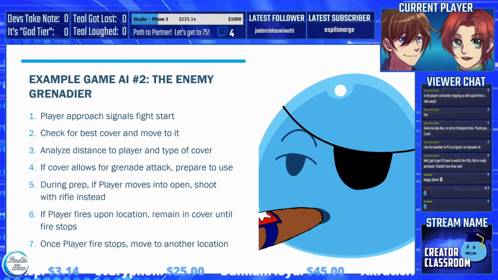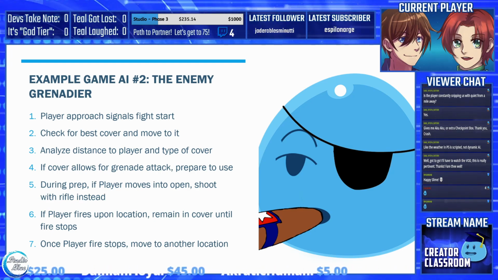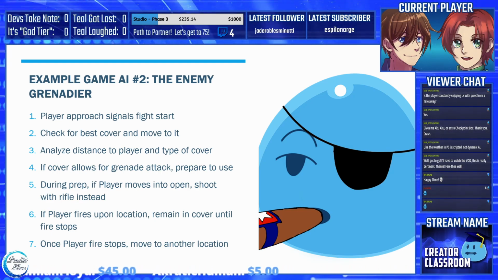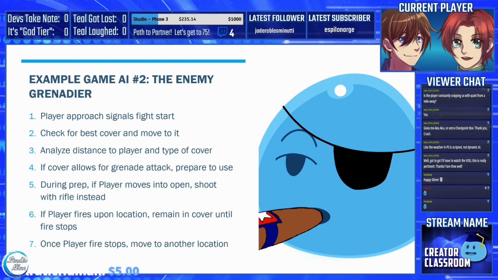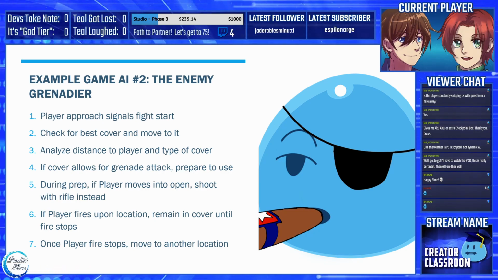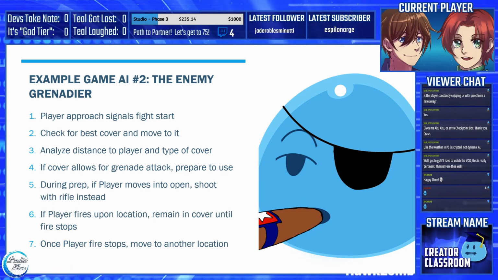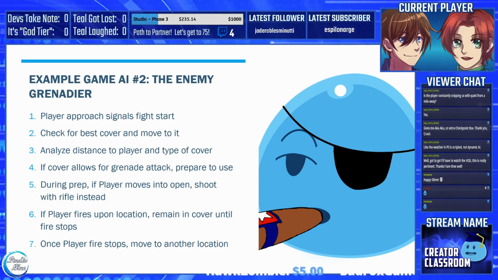The shooting will stop eventually, and once it stops, move to another location. This is rote enough that if the player was really good and had 5 shots on their weapon, they'd shoot off 4, pause, and as soon as the grenadier started moving, get that headshot. Right. Which is good. The player needs to be able to be rewarded.